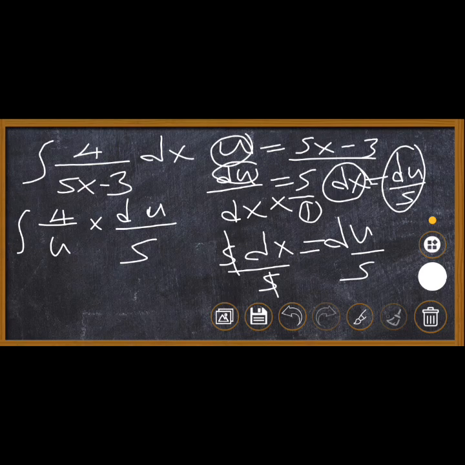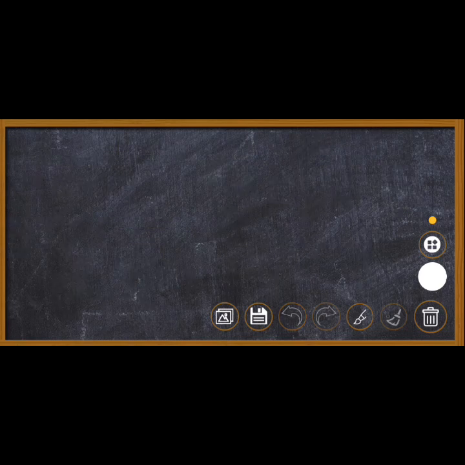So in this case, we know that when we multiply here, okay, let me just do this. So we have 4 over u. This is the same as 1 over 5, then du, because 1 multiplied by du is just du. So it doesn't make any difference here. So when we multiply 4 by 1, we are going to have 4 over, then 5 multiplied by u, we're going to have 5u here, and then we have du.